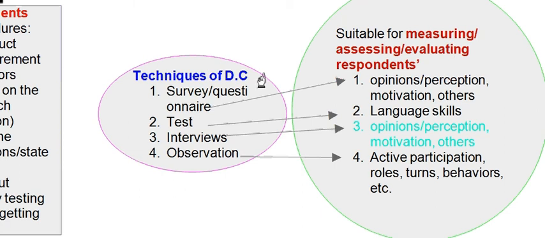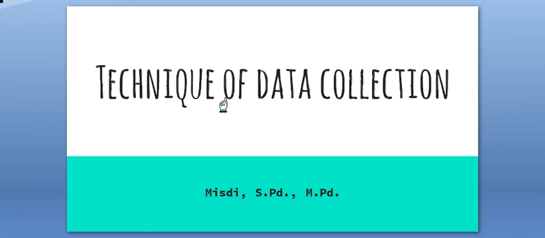Take for example number 1, the survey itself. Survey is mostly suitable for measuring, assessing, or evaluating respondents' opinions, perception, and motivation. Take for example student learning motivation, and so on. While the test, of course, everyone knows it very well.